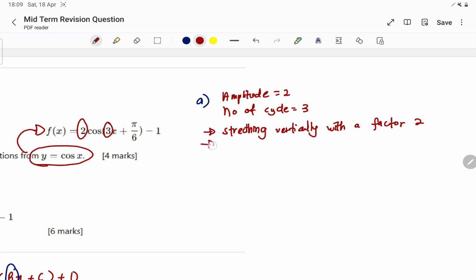And then from b, 3 here, we see that it is actually horizontally by a factor of 1/3. Oh, sorry, it's not stretching, it is shrinking.